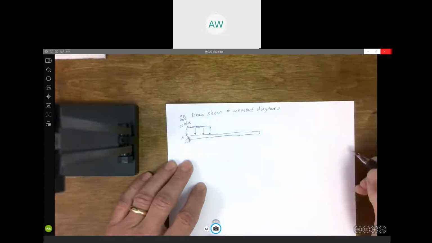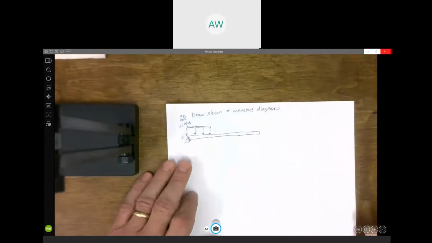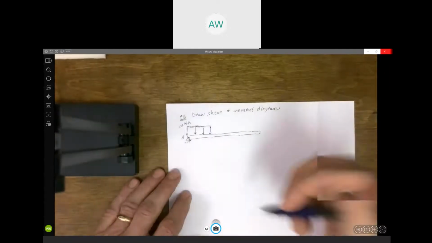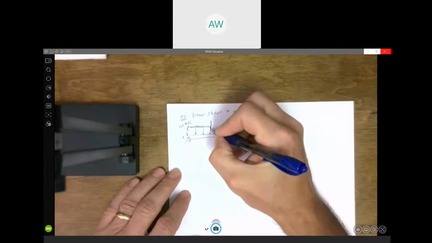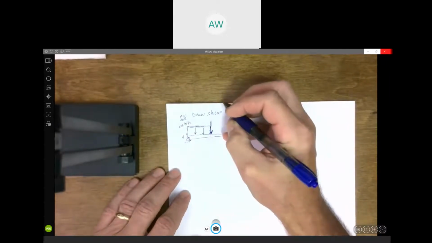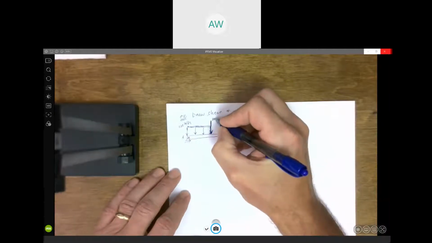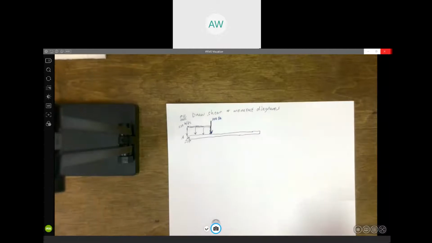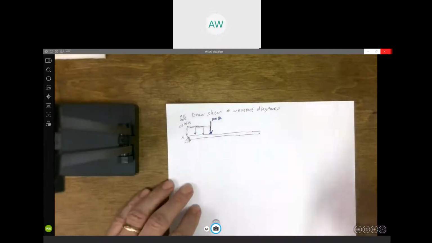It's constant. And then right at the end of that distributed load, we also have a concentrated force here. So this is 100 pounds. And that is just a concentrated force located right at the end of that distributed load.